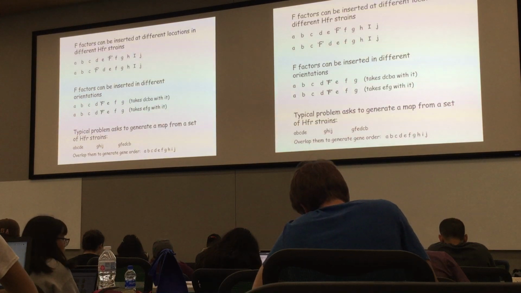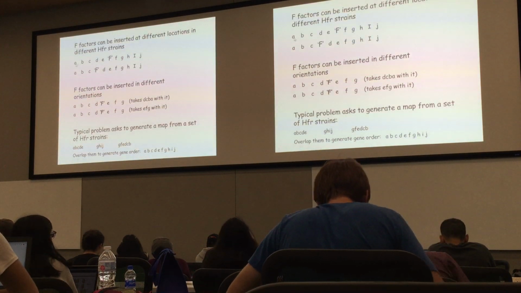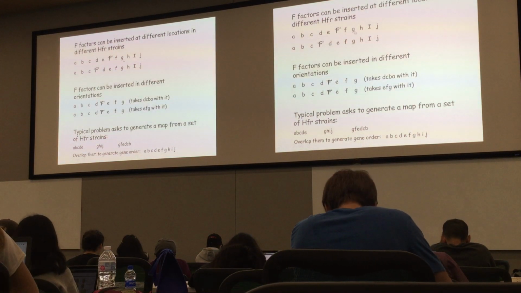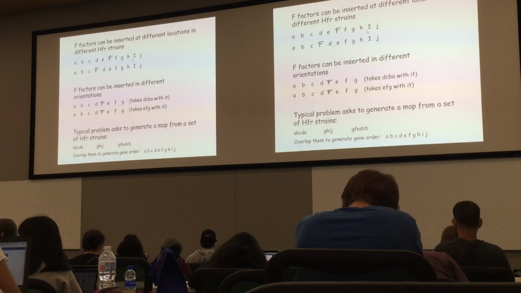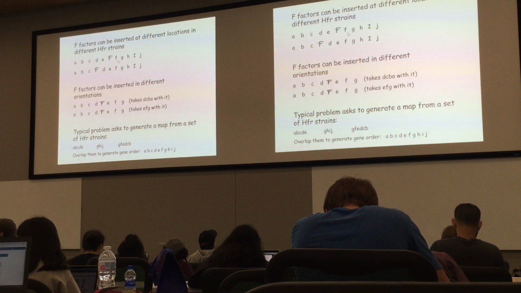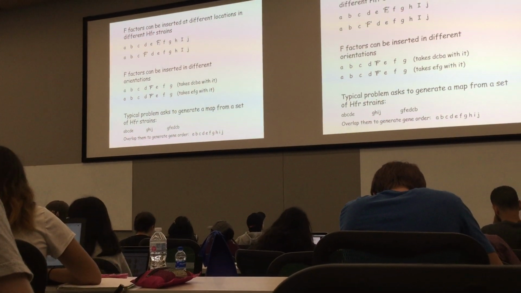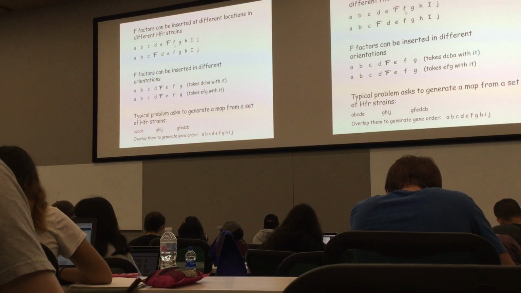And in those, you have to realize that the position matters. Here we have a kind of pretend genome, A, B, C, D, E, F, G, H, I, J, all right? And in this pretend gene order, this F factor has integrated itself to form an Hfr strain between the E and the F genes, right?